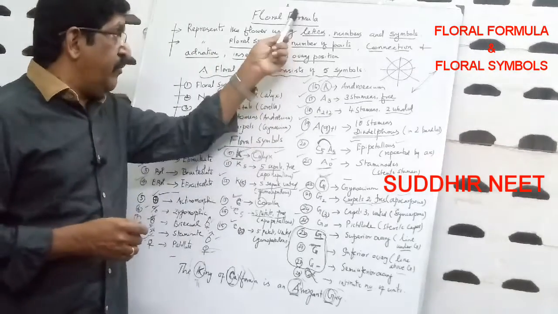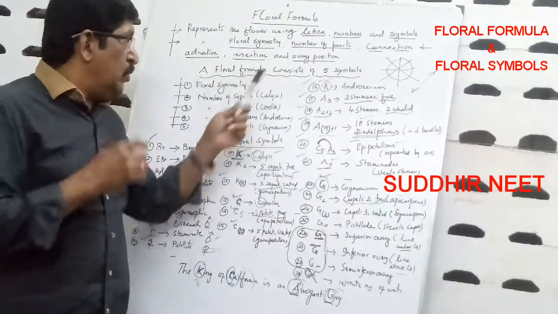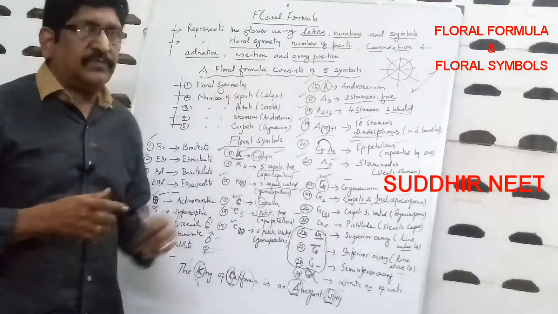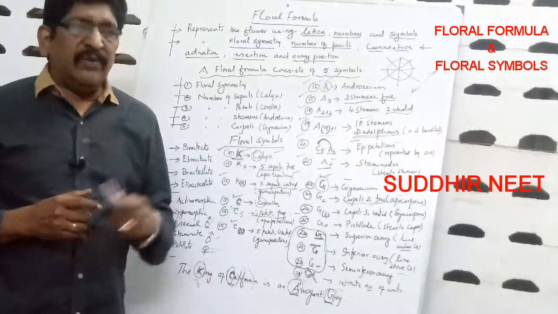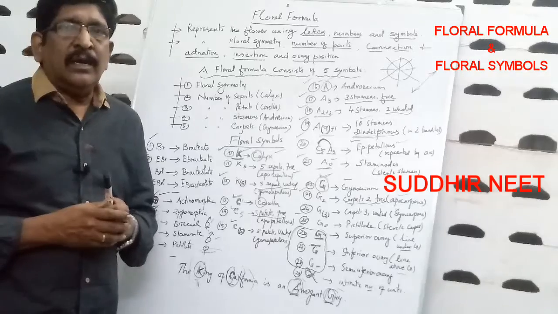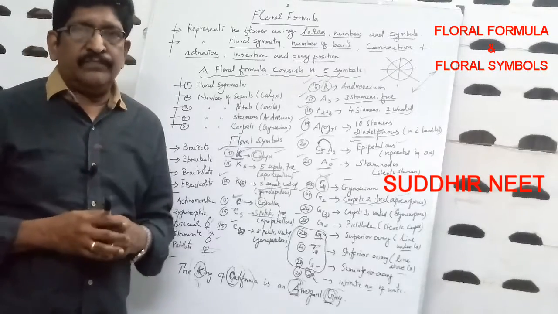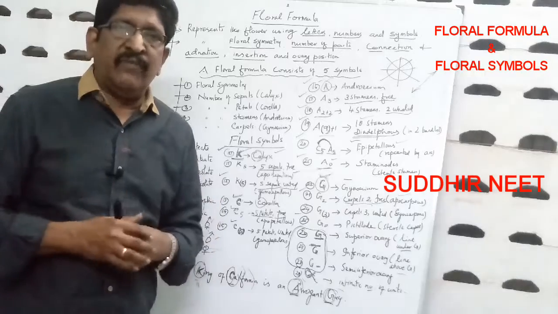When we construct a floral formula, we can know the floral symmetry. What do you mean by floral symmetry? If a flower gives two equal halves, that is called a symmetrical flower. If it doesn't give any two equal halves, that is an asymmetrical flower.